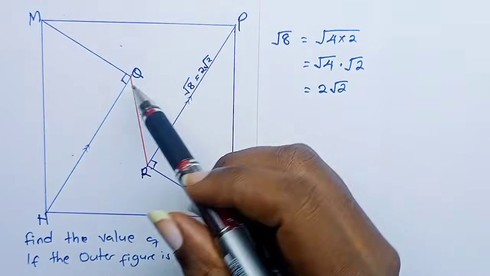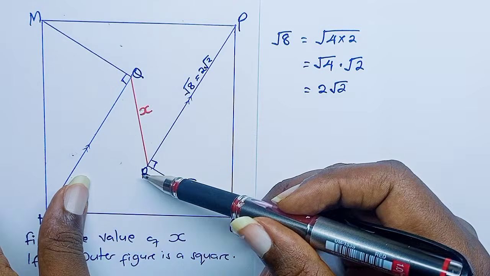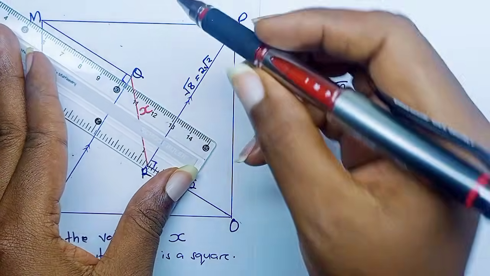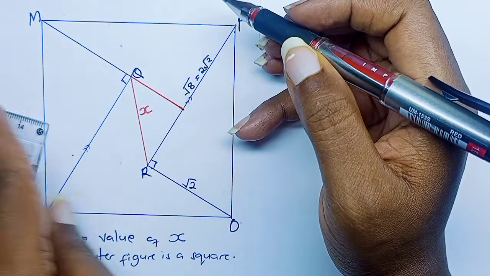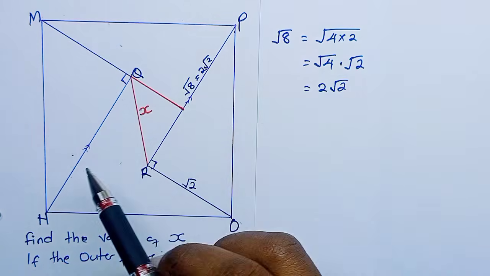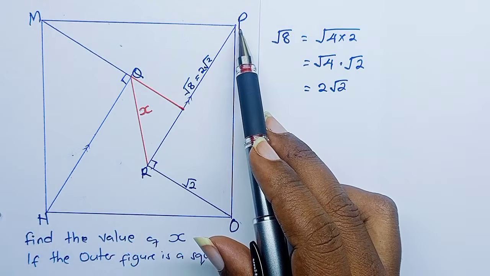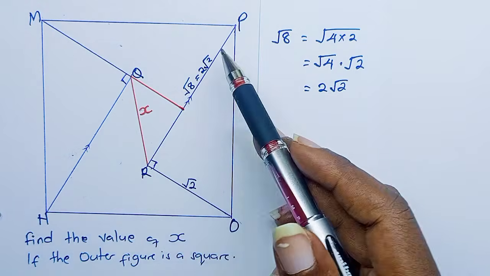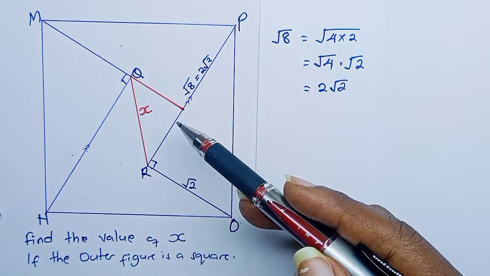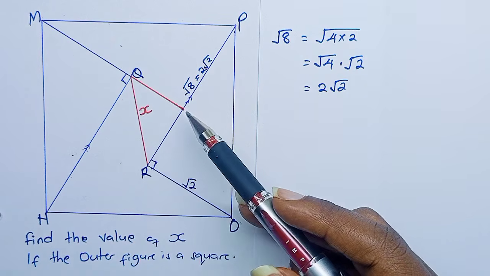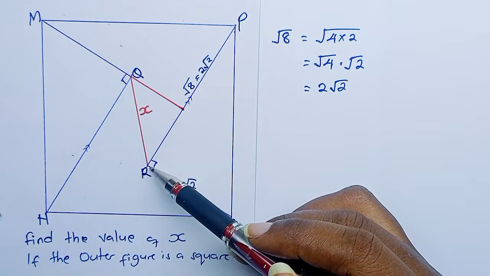Next, let us extend this line MQ towards line RP. Just like that. Now, since this line NQ is parallel to line RP, this here, MQ, is a transversal that cuts the two parallel lines NQ and RP.